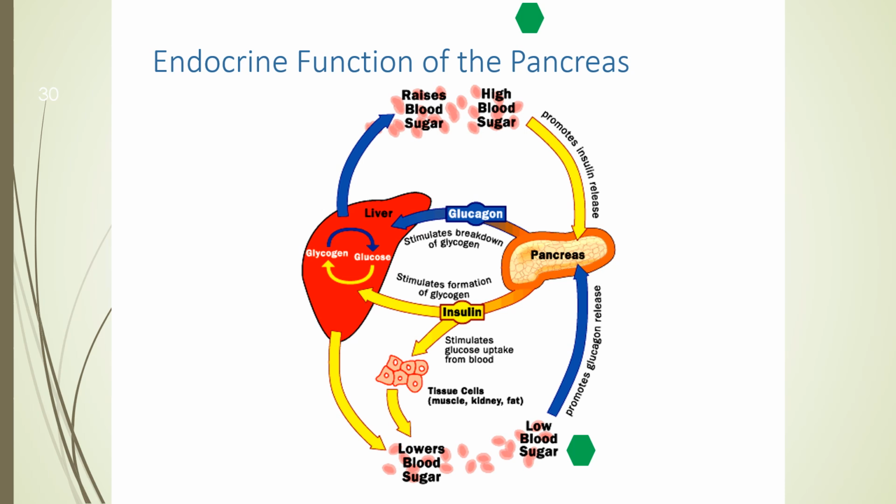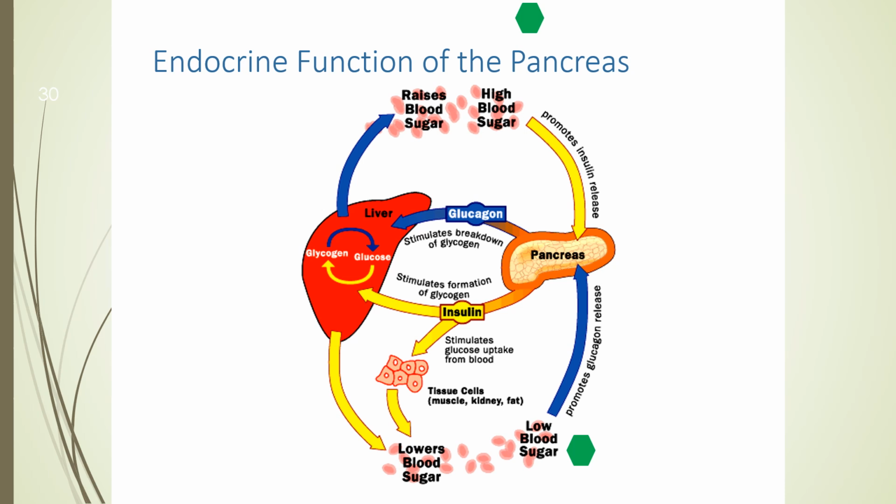Insulin acts as a key to unlocking cells to allow glucose to enter from the bloodstream. This lowers blood glucose levels as glucose is either used for energy or stored in the liver and muscles for future use. As glucose moves into the cells, blood sugar levels return to a normal balanced state.